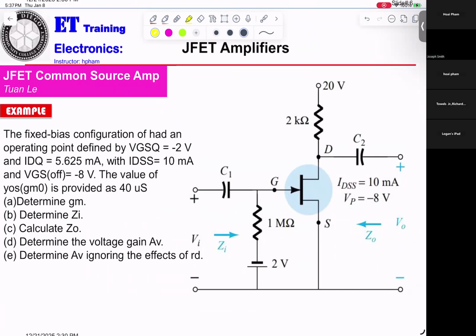This is an example. For the fixed bias configuration with an operating point defined by VGSQ and IDQ, they give you the voltage and the ID, with IDSS equal to 10 milliamp and VGS off equal to minus 8 volt.